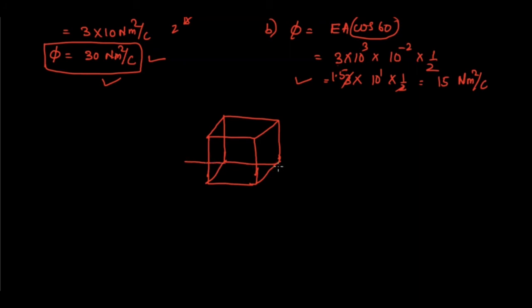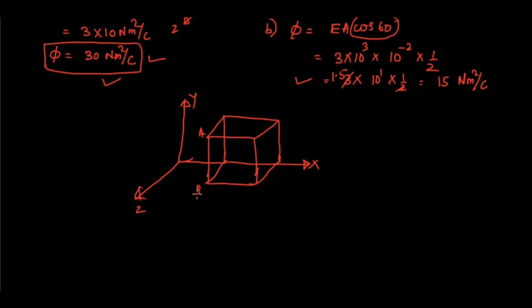Suppose this is the x-axis, this is the y-axis, and this one is the z-axis. Is that clear? So here you can see that all these faces are parallel to the coordinate planes.